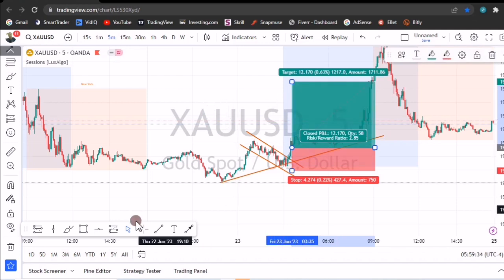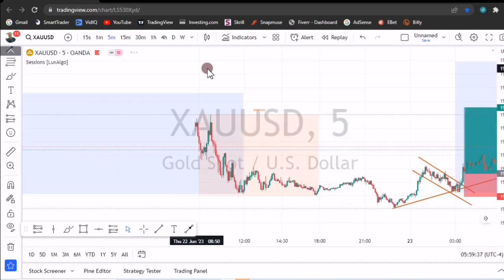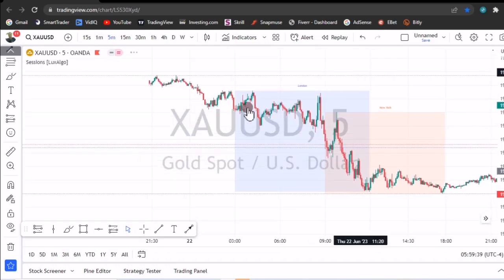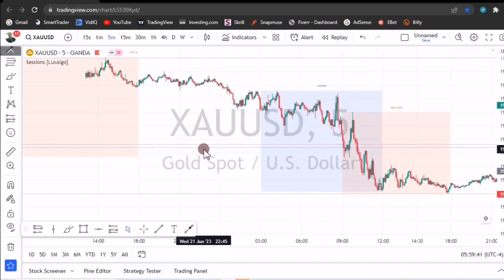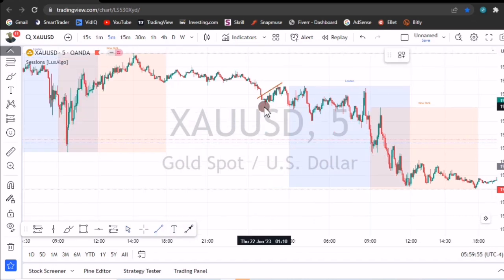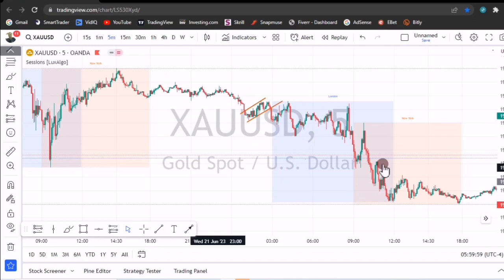Let's scroll a little bit back so that you have more examples. Check this out, it's almost the same thing. There was this small breakout, and you could have done the same thing.